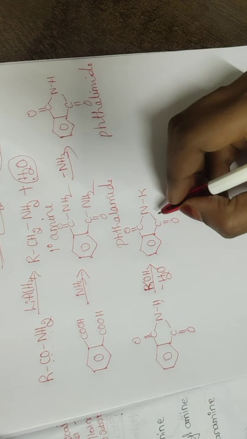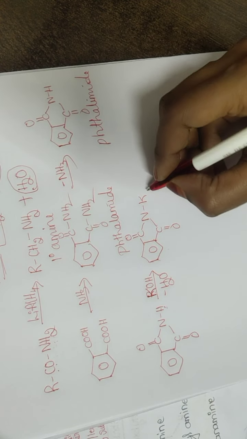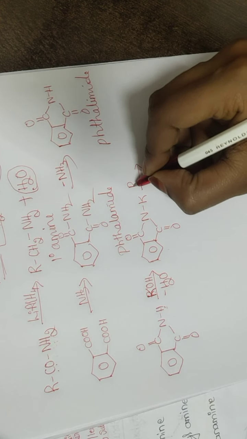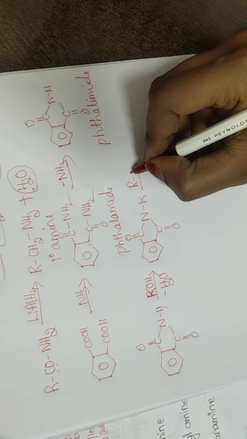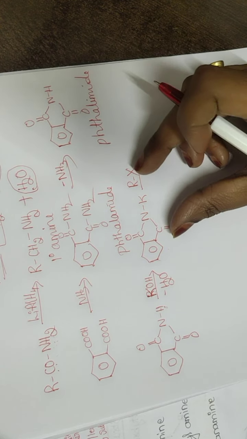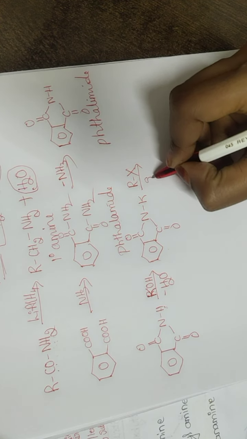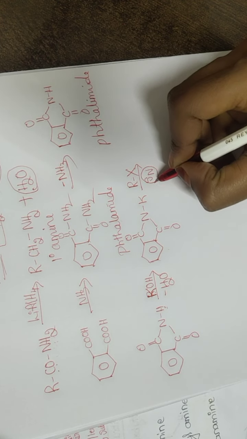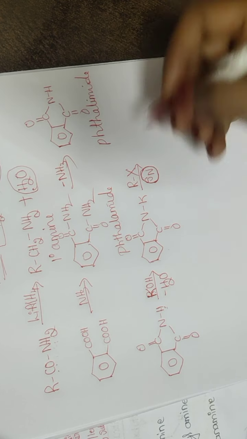So this potassium salt of phthalimide will further undergo reaction with the alkyl halide. This reaction is called a nucleophilic substitution reaction. This point is important. Why? I'll tell you later.